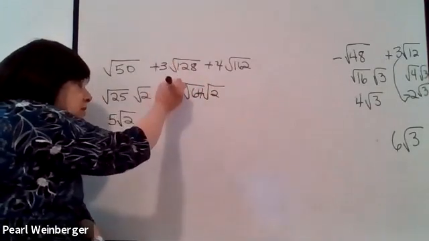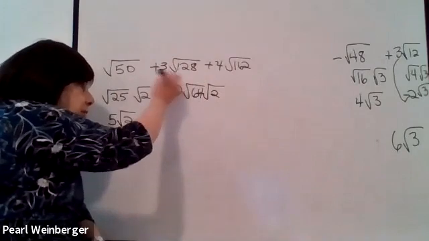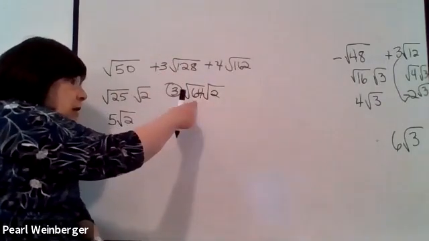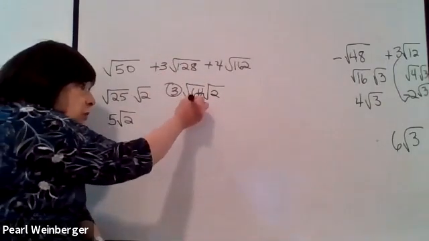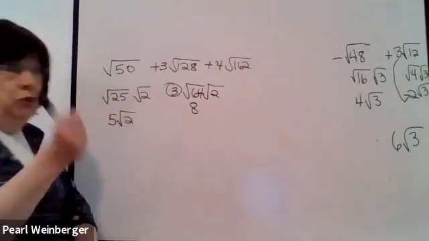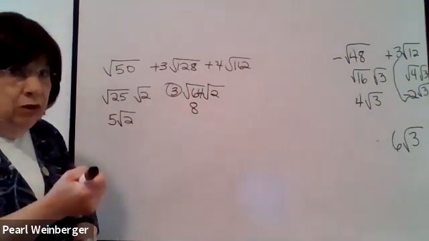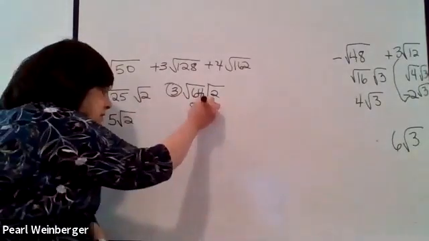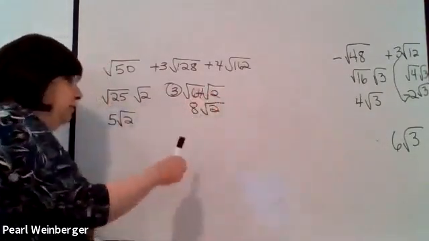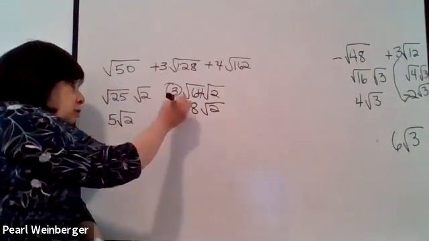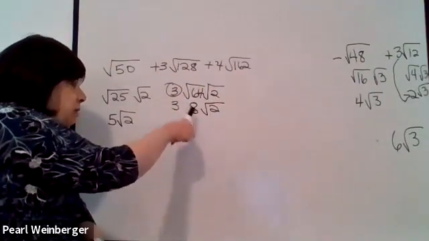Don't forget there's this 3 on the outside. I'm going to take care of that later. The square root of 64 is 8. Remember, once I take its square root, it's no longer in the radical. This stays the 2 because it's not a perfect square. And now I have this 3 on the outside that I have to multiply.